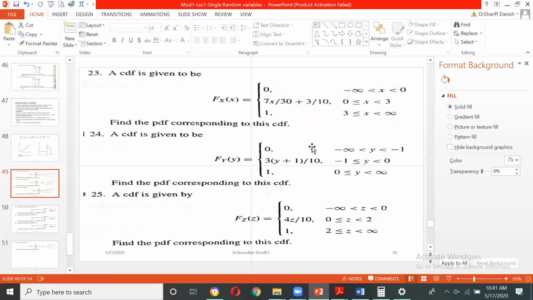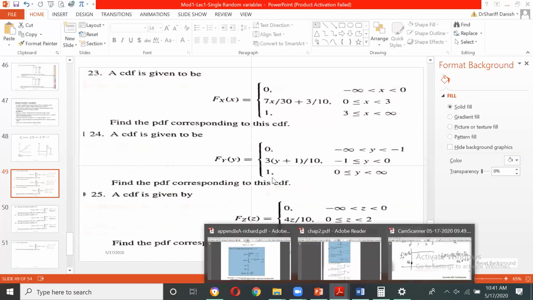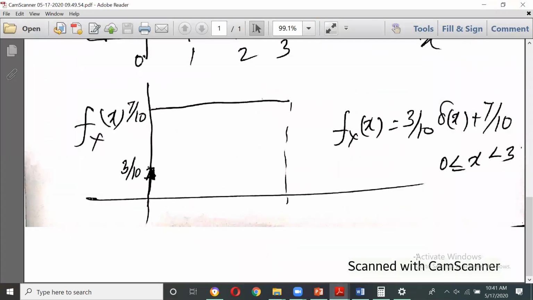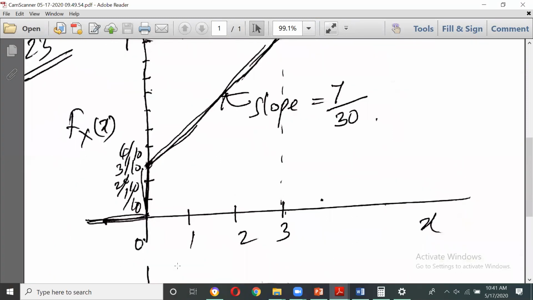The only difference here, if you compare this with that, is that you will have it till minus 1, then a discontinuity will be there, of the value which corresponds to the constant mentioned in the next group.